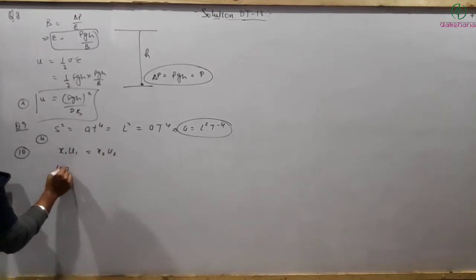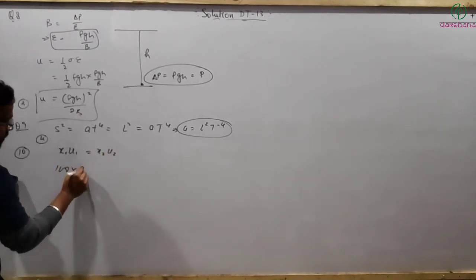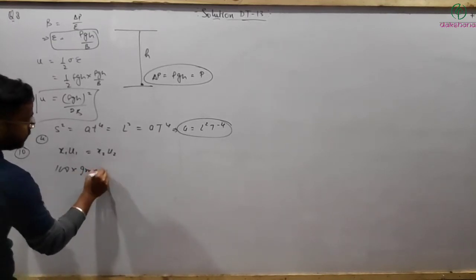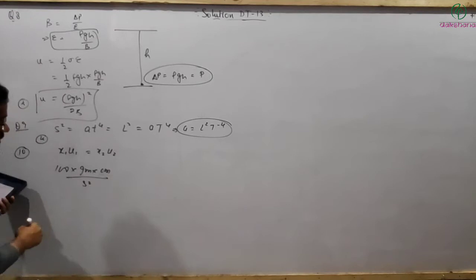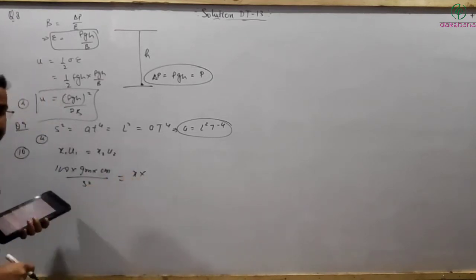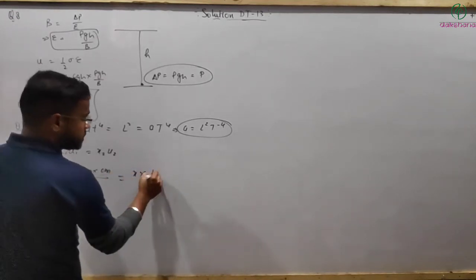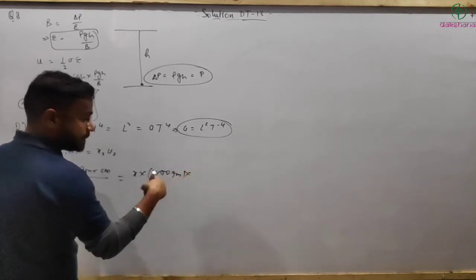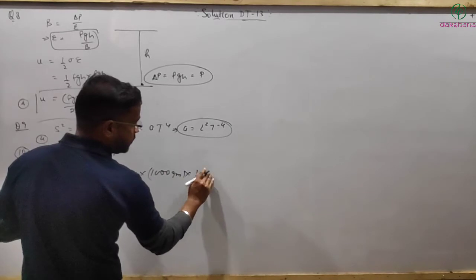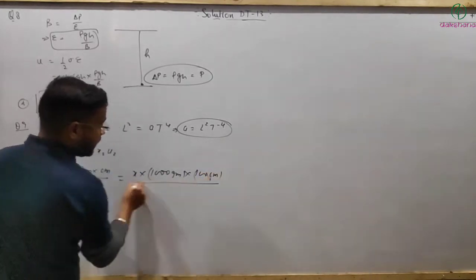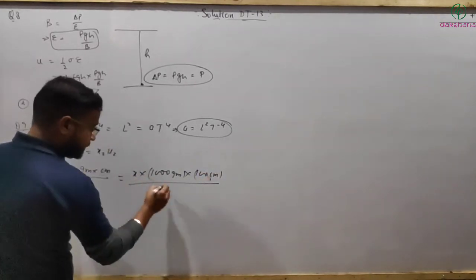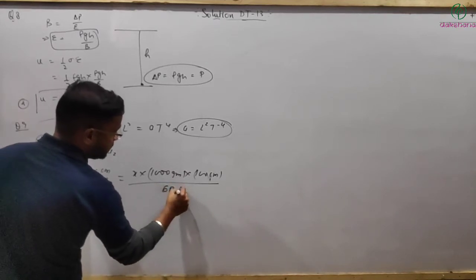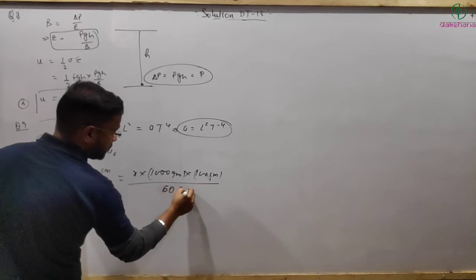So here 100 dynes, that is gram centimeter per second square. Let's say the unit magnitude is x, kg is equal to 1000 gram, meter means 100 centimeter, and because it's minute, 60 second whole square.